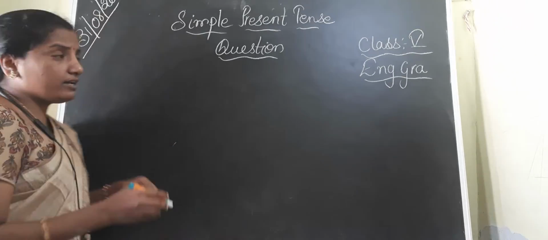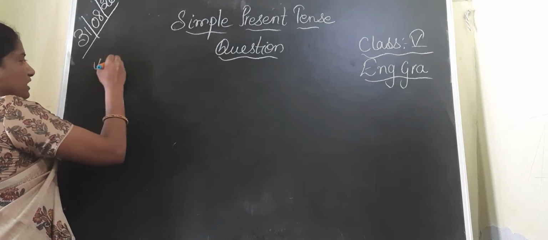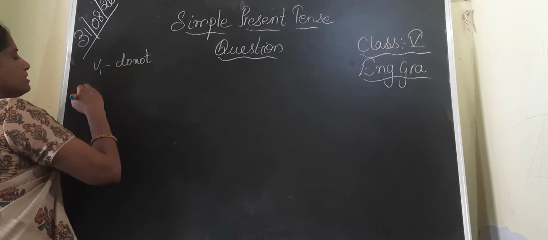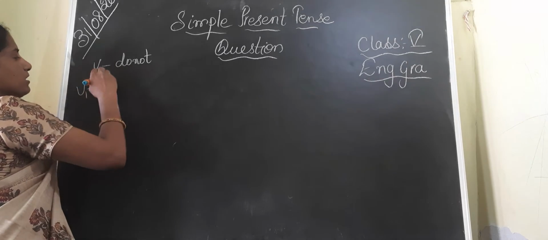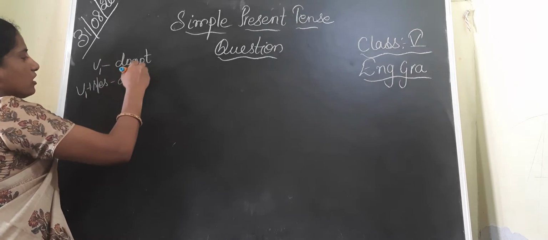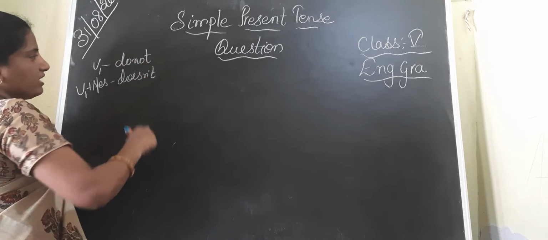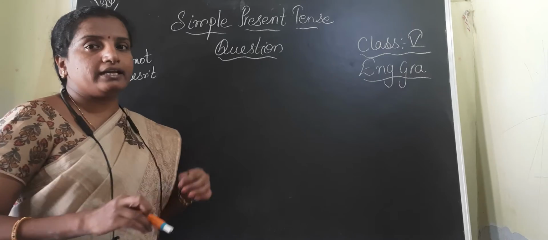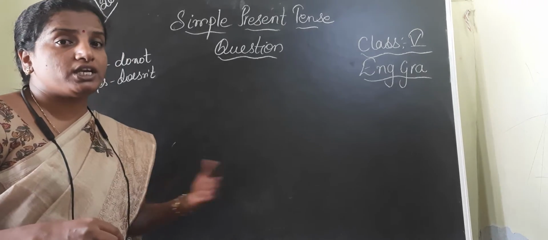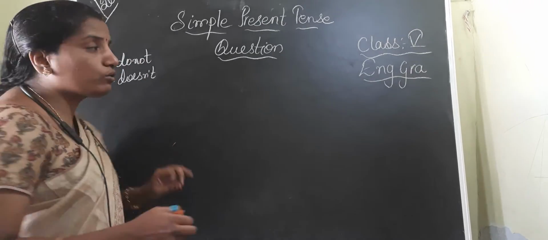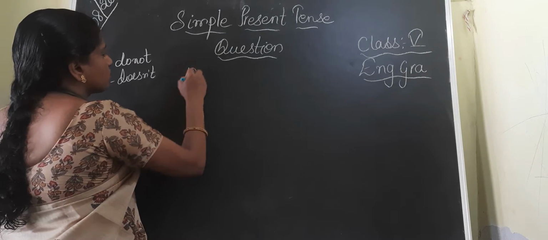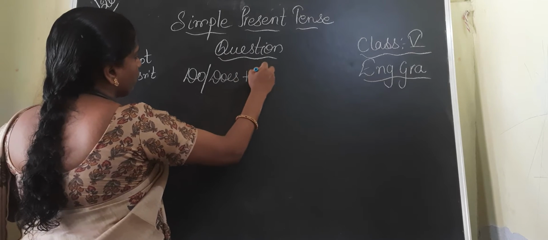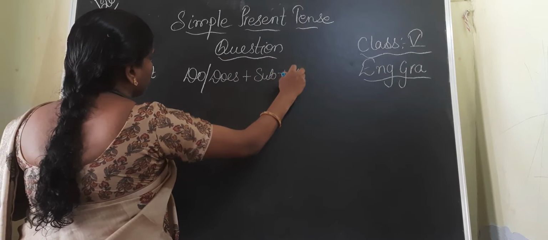When there is a plural subject with V1, we use do not to write the negative form, and when there is V1 with s or es, we use does not. In the same way, children, listen carefully. When we are framing questions in the simple present tense, this is the structure you have to follow, according to the subject and the verb form given to you.